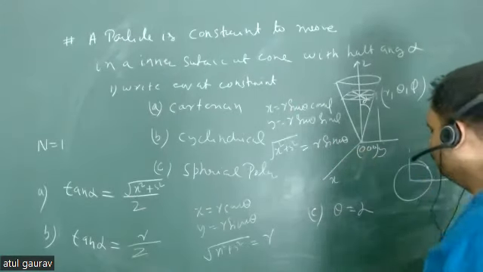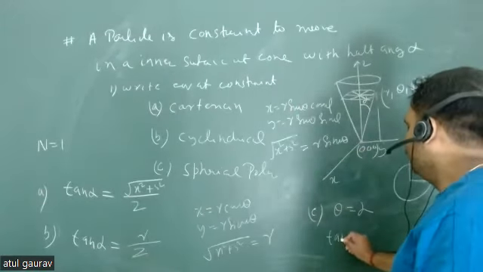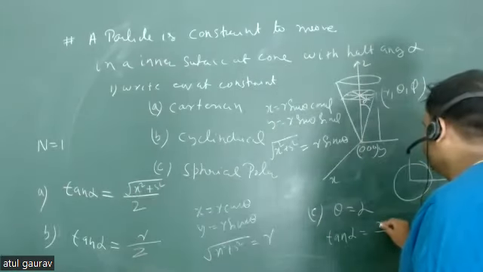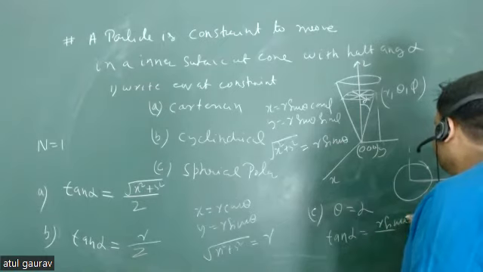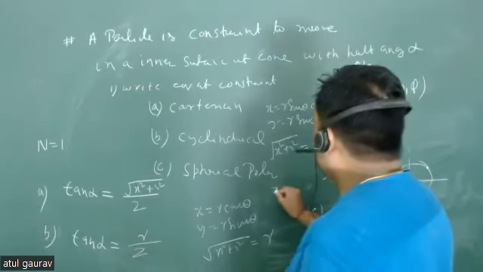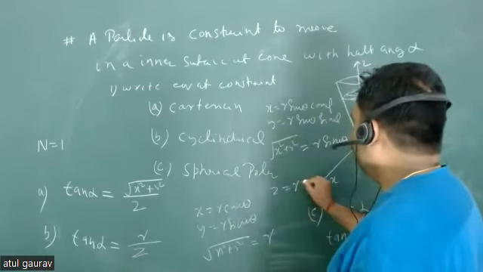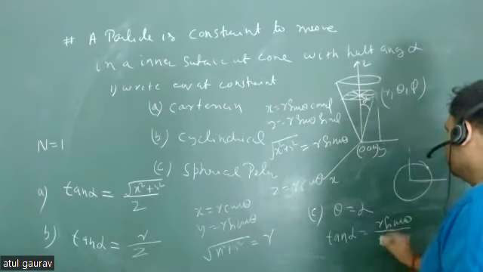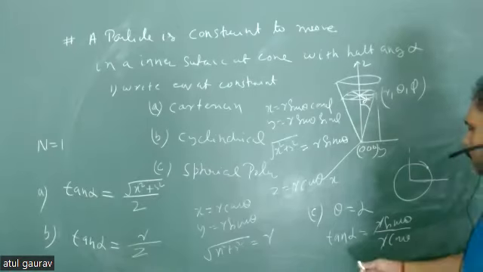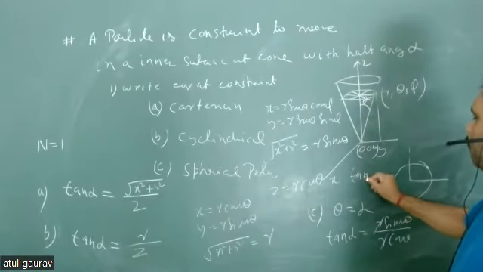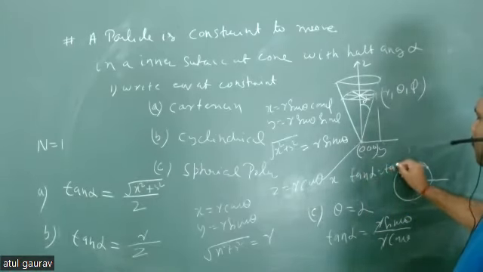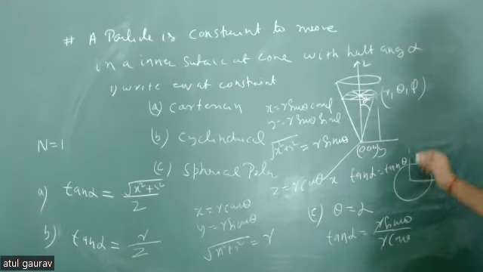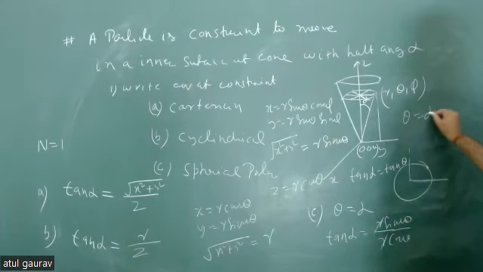So this term is nothing but R sin theta. And what will be Z in the spherical polar coordinate? R cos theta. So R and R are cancelled. So what do you have? You have tan alpha is equal to tan theta, isn't it? So that means theta is equal to alpha.